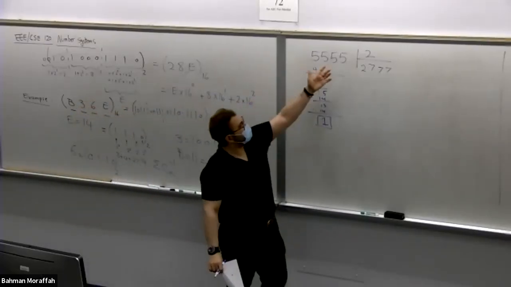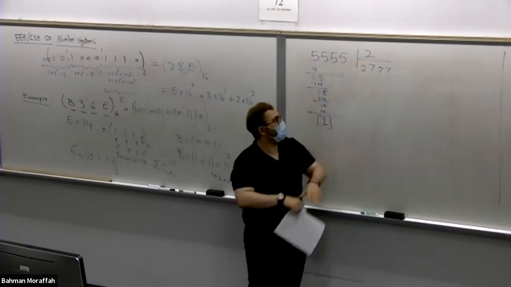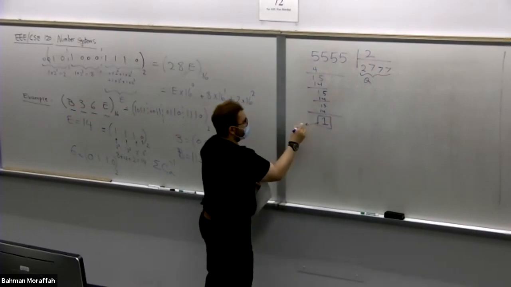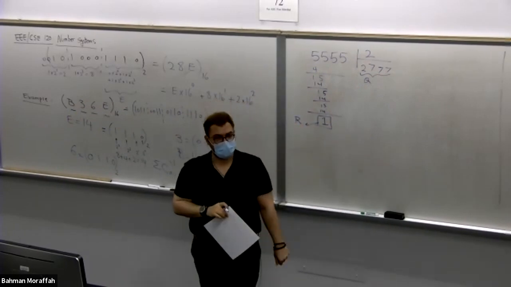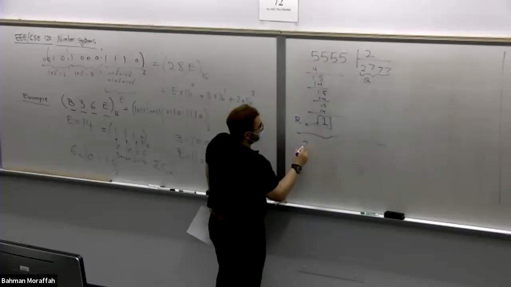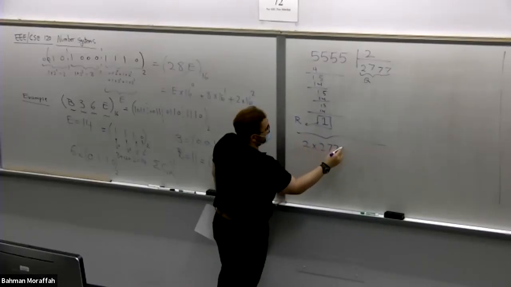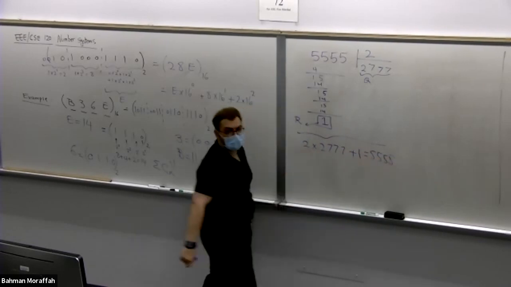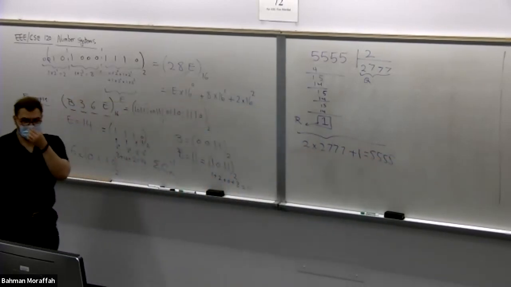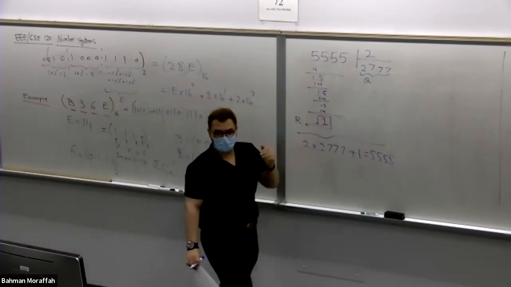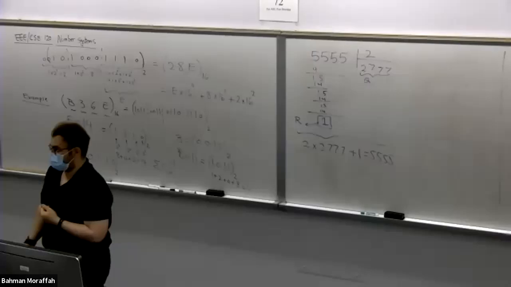So what I'm doing is dividing by 2. Over here is the quotient, and over here is the remainder. Another way of writing this is 2 times 2,777 plus 1 is 5,555. You can divide it however you want. Use the simple way.